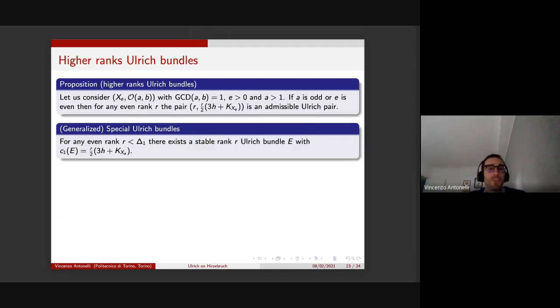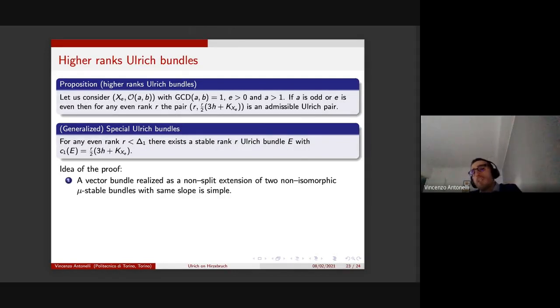Let me give you just an idea of the proof. The idea of the proof is a dimensional count of the strictly semi-stable Ulrich bundles. So the first thing that you want to use is that if you take a non-split extension of 2 non-isomorphic mu-stable bundles with the same slope, you obtain a simple vector bundle.